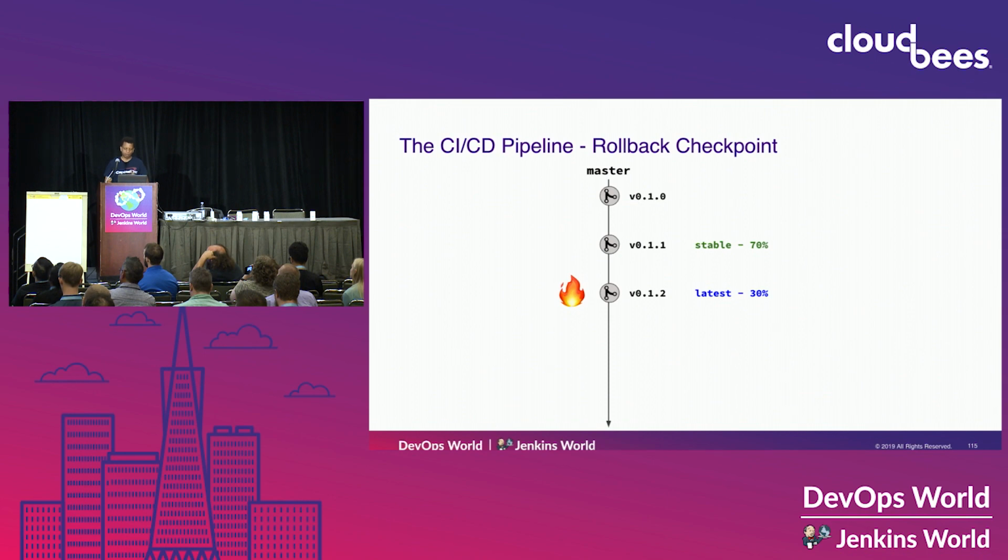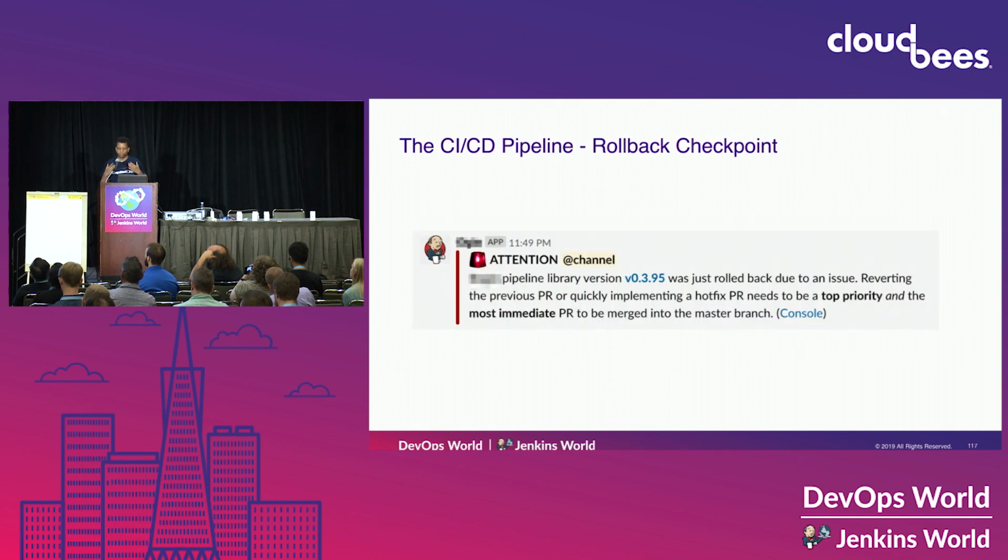So now, coming back to our illustration, latest goes back to the previous version. And when this happens, we have Jenkins send our core team a notification that, hey, something happened, something went wrong. We need all eyes on glass to fix the issue.